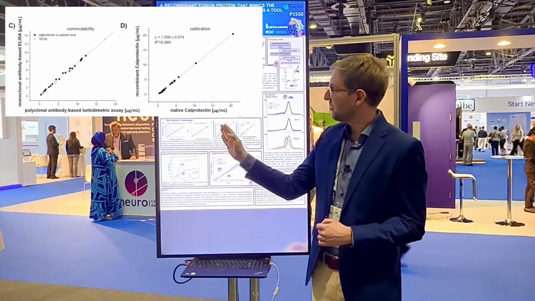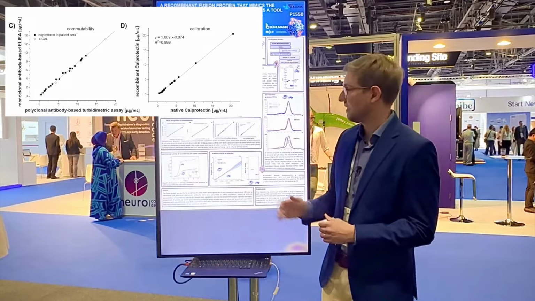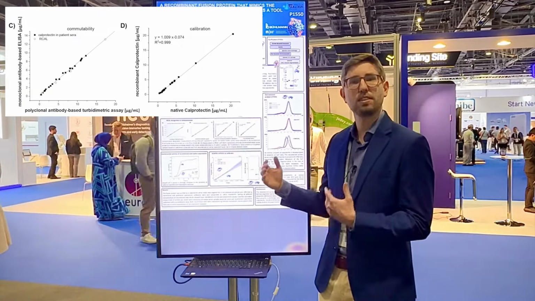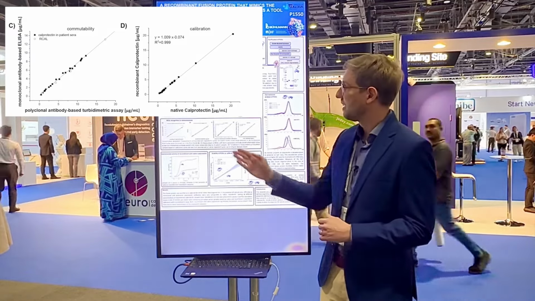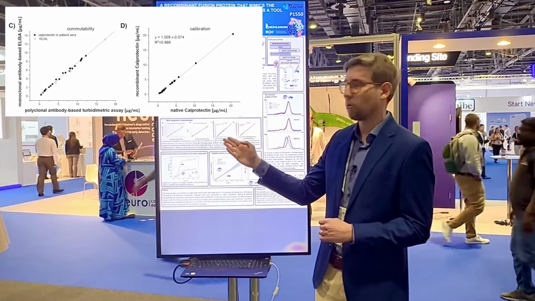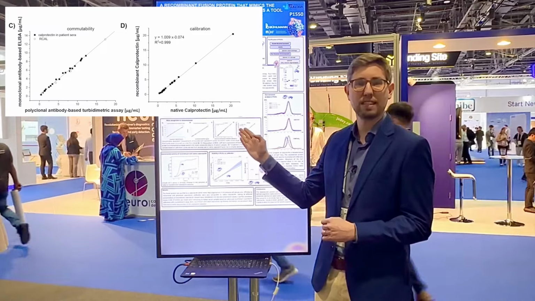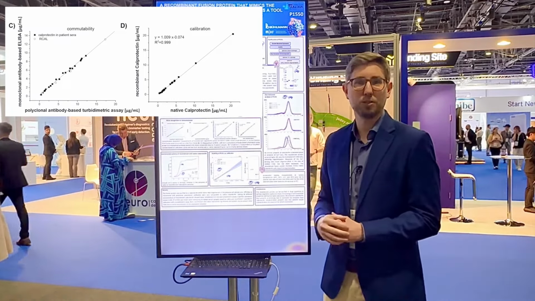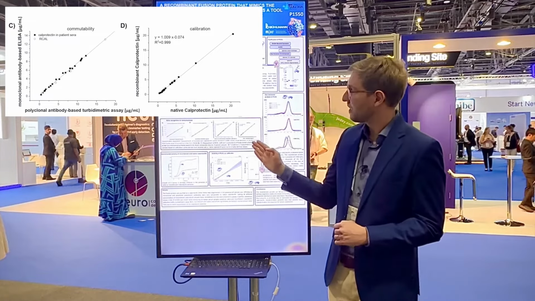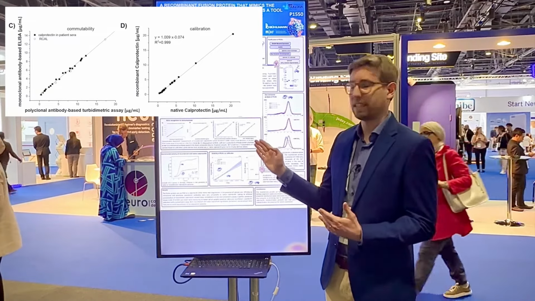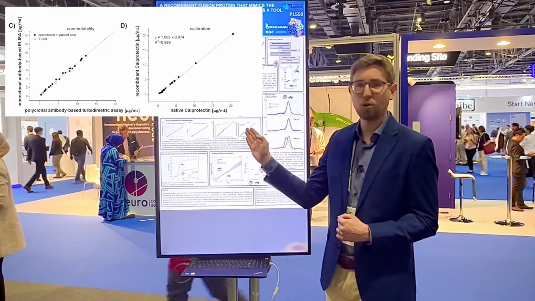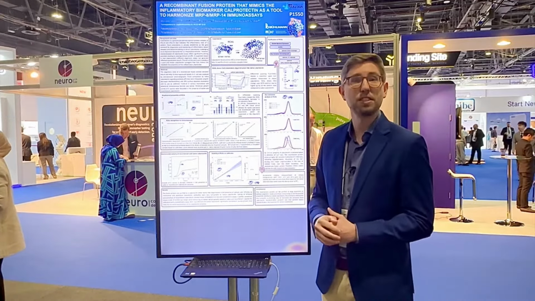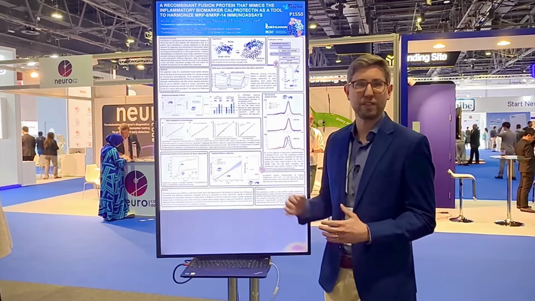And we've shown here in the commutability that if we measure with two different types of tests, an ELISA or polyclonal antibody test, if we measure patient samples or our recombinant calprotectin itself, we get a perfect agreement in the commutability. And lastly, when we calibrate an assay with native calprotectin or recombinant calprotectin and measure patient samples, in this case these were serum samples, we get an almost perfect agreement.